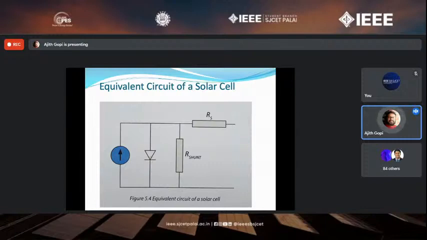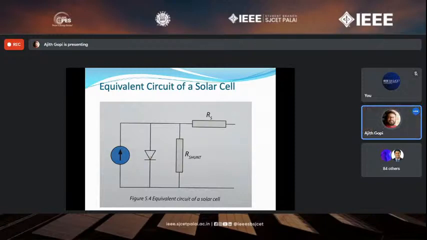Okay, so a simple solar cell can be represented with this kind of setup. You can have a current source, a diode, a shunt resistance and a series resistance. With that, I will just explain. There will be parasitic resistance in the solar cell because of the conductors. I'm not going into the photovoltaic effect or PN junction physics.